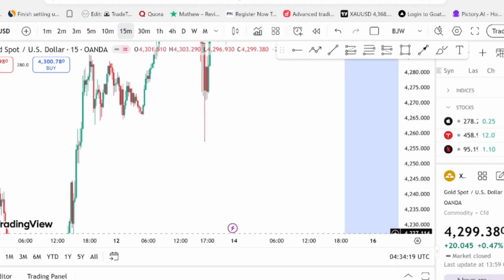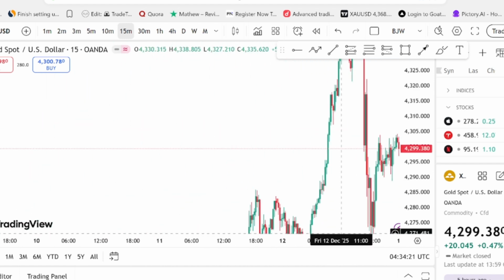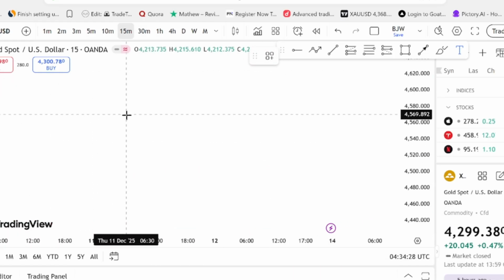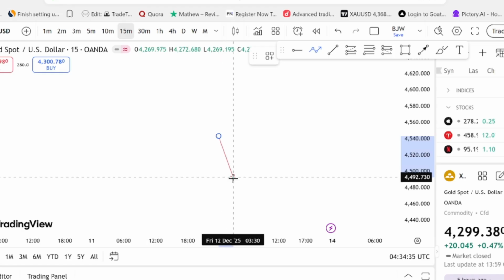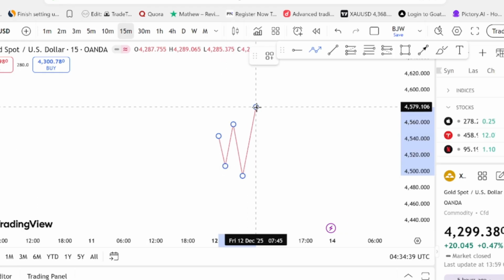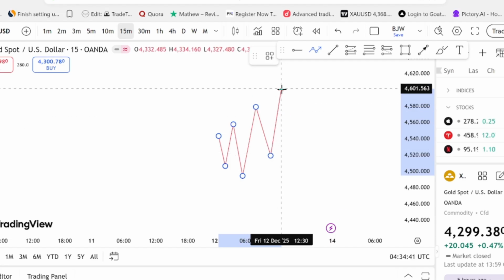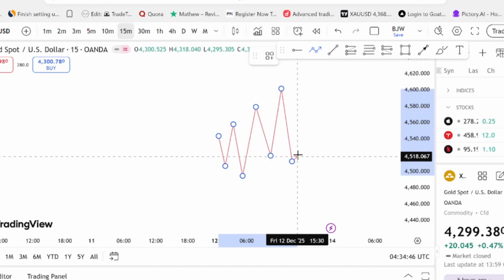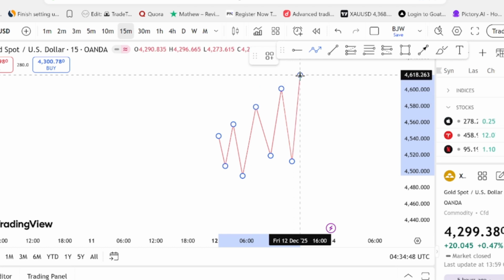So, as I explained, structural liquidity and then transactional liquidity. I said that structural liquidity tends to be the major stuff we look out for, whereby we have something like this. Say structural liquidity is whenever we have a sweep of the previous low, a break of structure, another low, another break of structure, and whenever this low is being taken out, then we buy from this zone and then take out this low right there, which is structural liquidity.